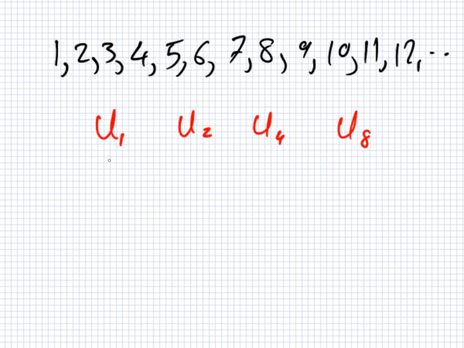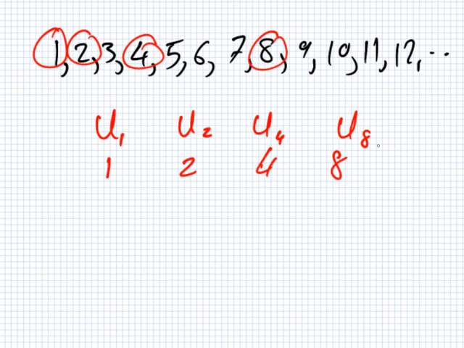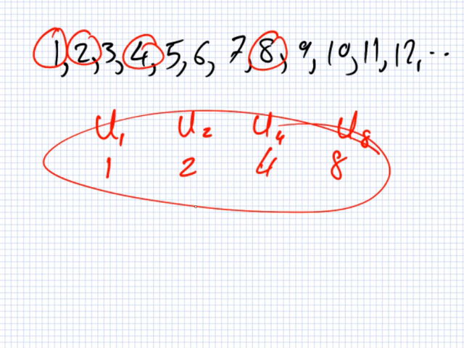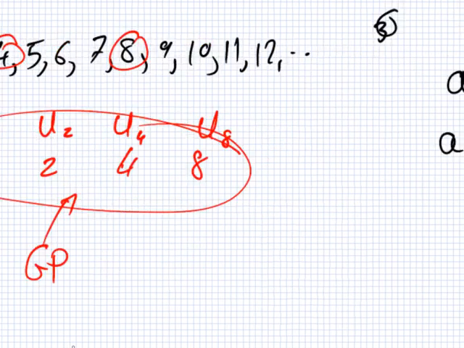The first term is 1, the second is 2, the fourth is 4, and the eighth is 8. So if you take out the right terms, you can make a geometric sequence from an arithmetic one. And that's what's happening here.